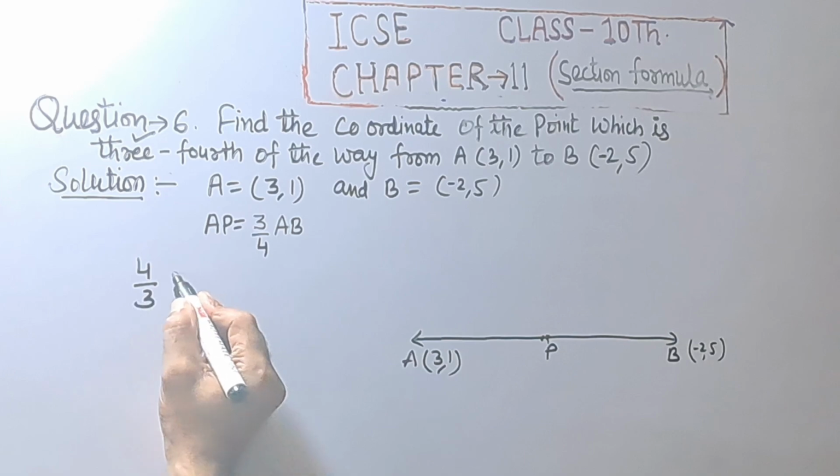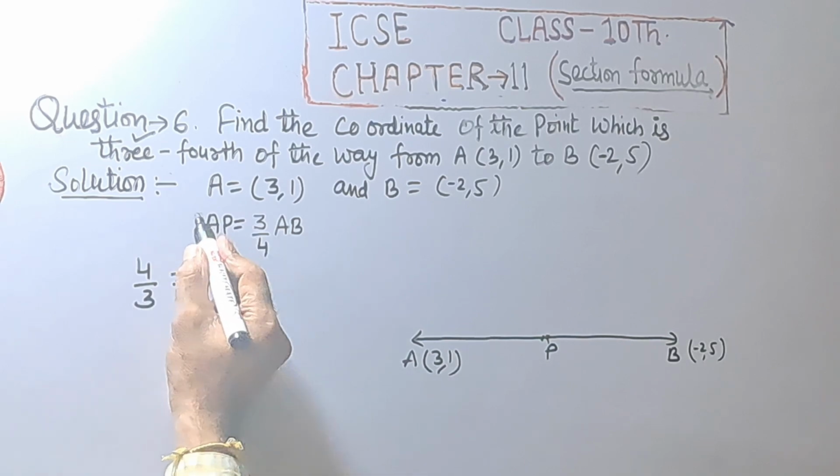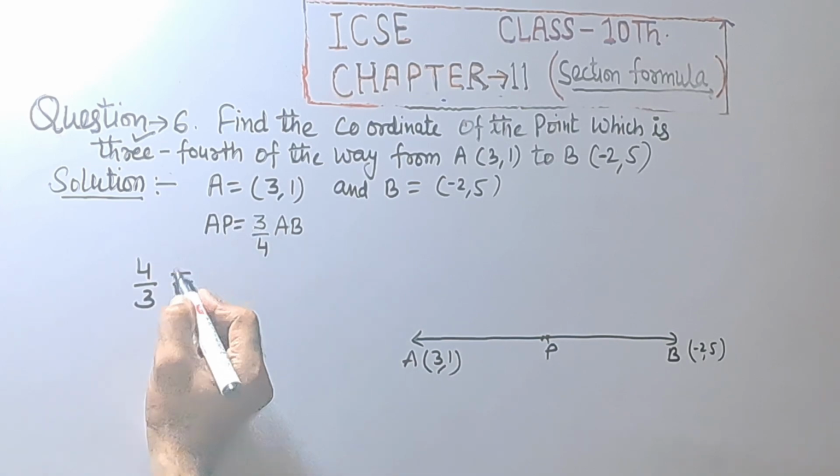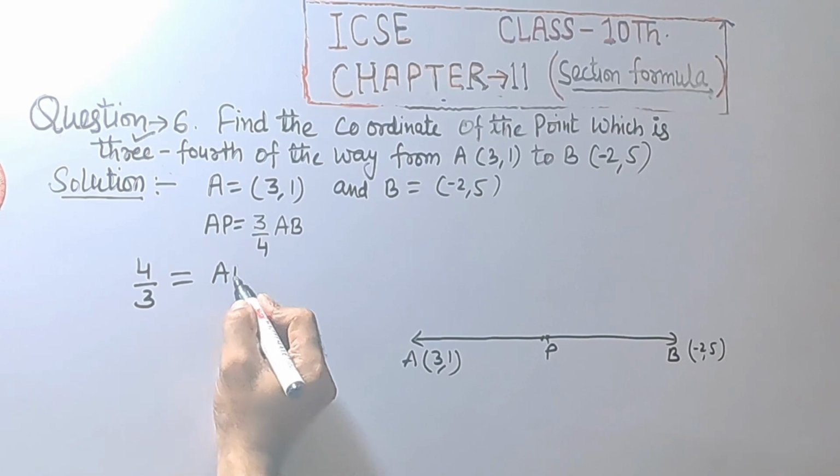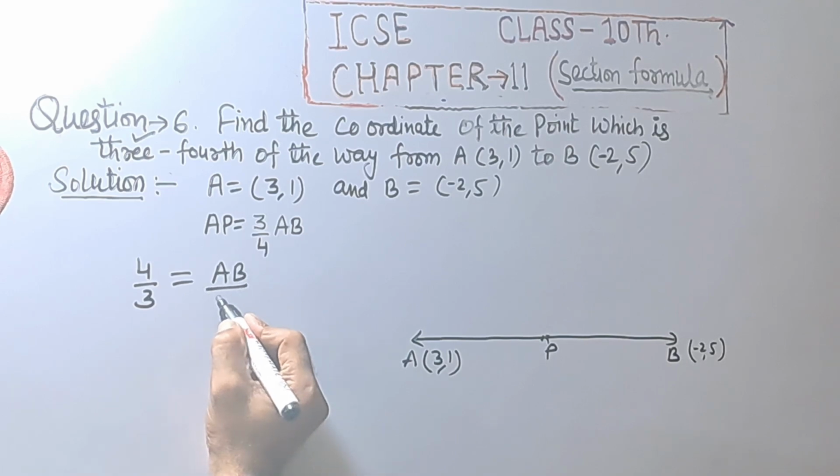4 upon 3 is equal to, 4 multiplied by the left side and divided by 3, is equal to AB upon AP.